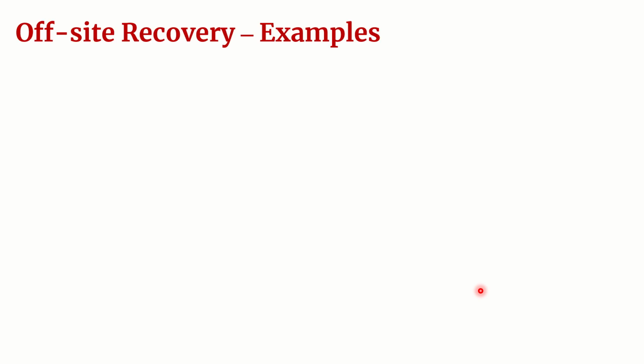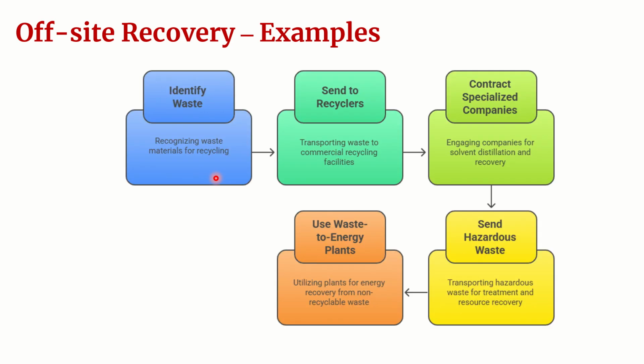And offsite recovery, certain examples for that. So sending some waste material like waste paper, plastics, or metals to commercial recyclers, contracting with specialized companies for solvent distillation and also for the recovery, then sending hazardous waste for treatment and resource recovery at offsite facilities.